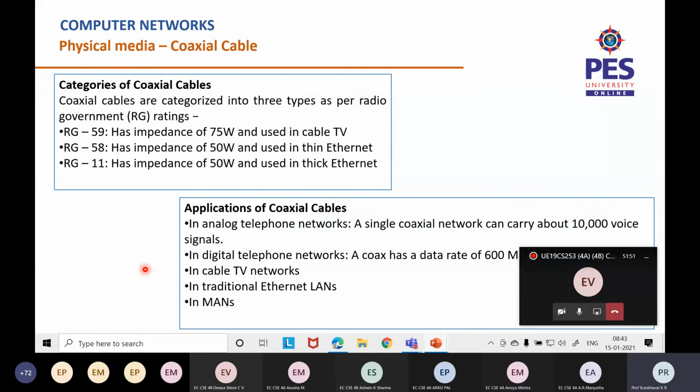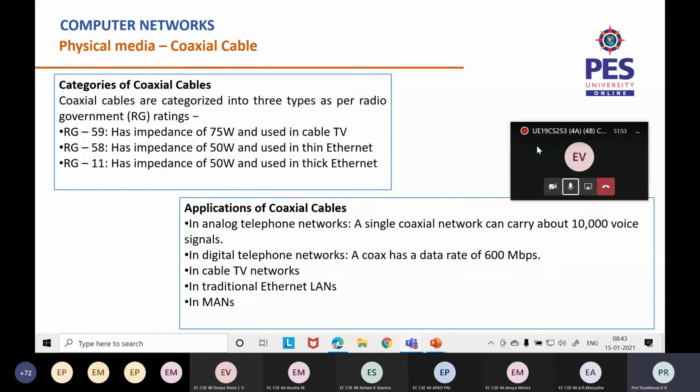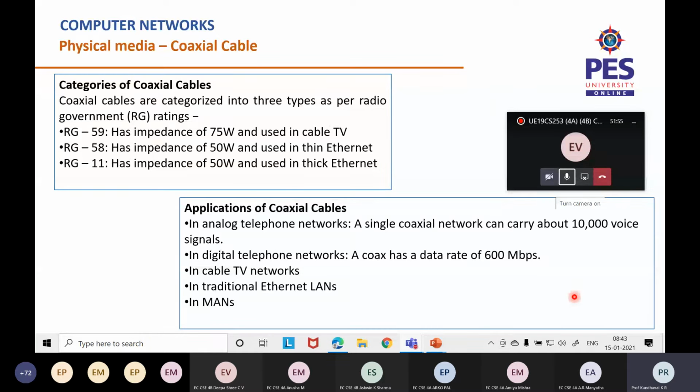So where are these coaxial cables applied? In analog telephone networks, in digital telephone networks too, in cable TV networks, in traditional Ethernet LANs, and in metropolitan area networks. These are where generally coaxial cables are used.